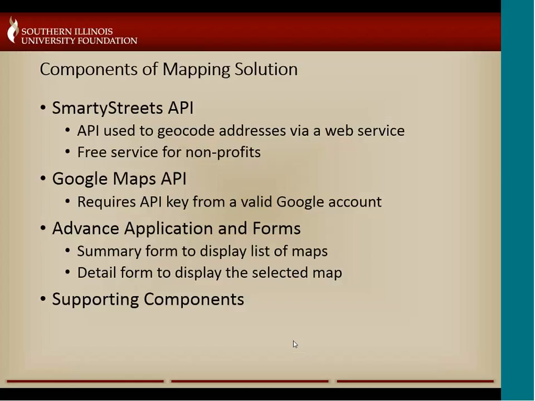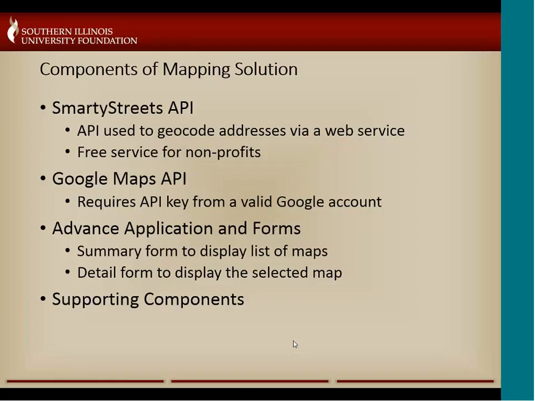What I was illustrating when I did this presentation for our Advance group is that everything is out-of-the-box Advance tools, and we're just pulling in these APIs. We didn't do any modification as far as the application goes. So it really was truly integrated. And then there are some other supporting components, but that really gets into the technical weeds, so I'll probably just breeze past that.